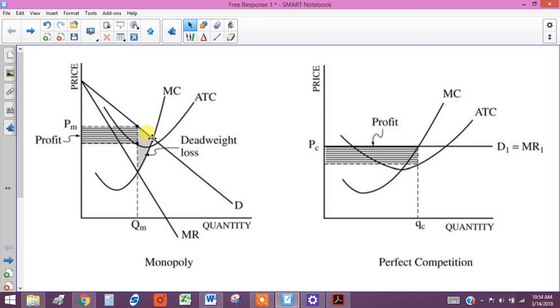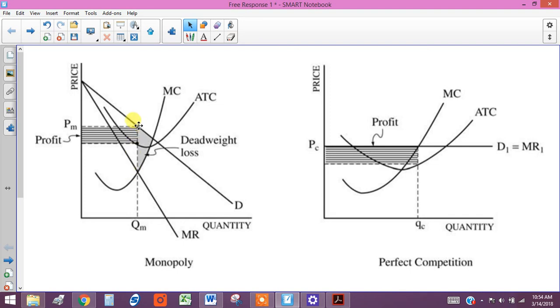So this is the point of the triangle, and it's defined by the point where marginal cost equals demand, or you could say where marginal cost equals marginal benefit right here. And the bottom point of the triangle is where marginal revenue equals marginal cost.